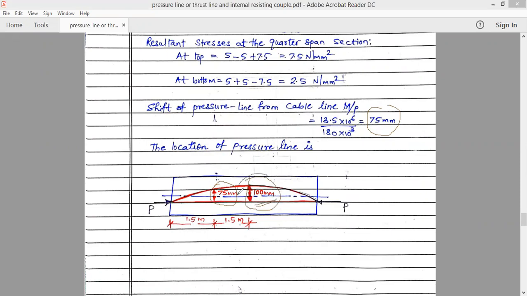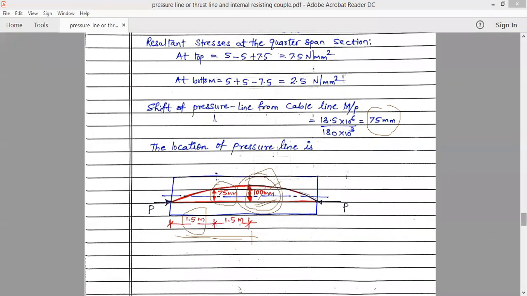So at the center span, the shift of the pressure line from the cable is 100. So the same thing I have drawn here. At a quarter span, means at a distance of 6 by 4, it is 1.5 meter, the shift is 75 mm, and at a distance of 6 by 2, that is 3 meter, the shift is 100 mm. So this is the second example which we have solved.